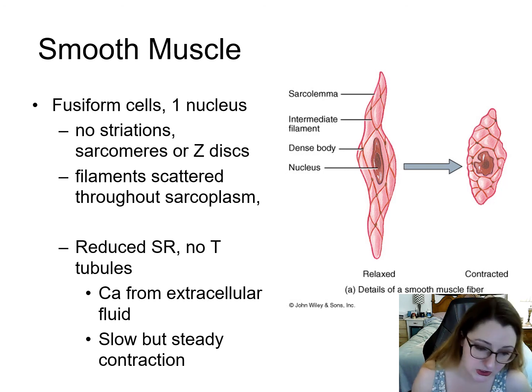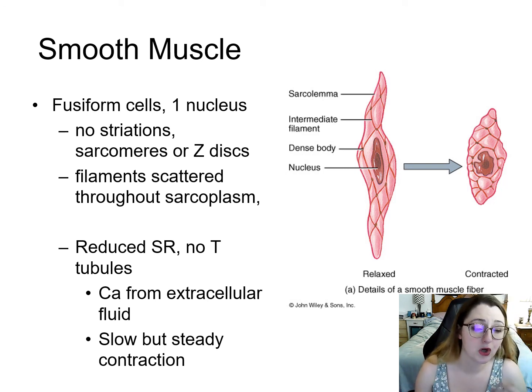It is going to go through something called peristalsis, and we will talk about peristalsis when we talk about the digestive system, but that is a process in which food, as well as food after it's been digested, is moved through the digestive system.